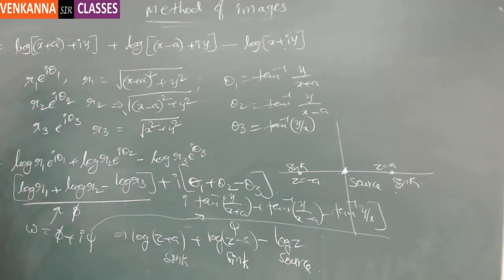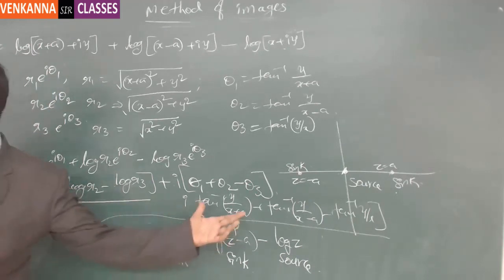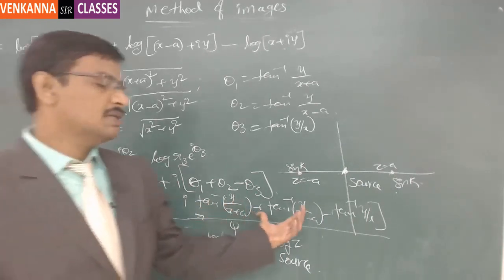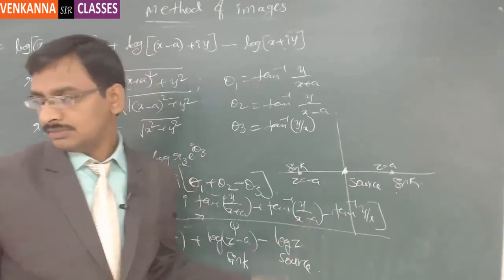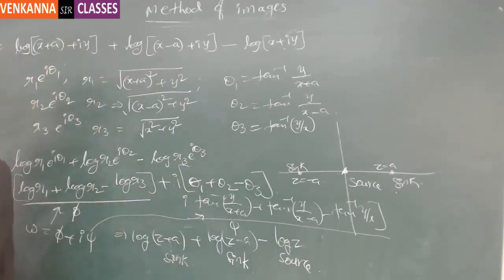Got it? And this psi is an essential component for us, because this will give the direction of the fluid flow. Got it? So you can note this down. Noted?